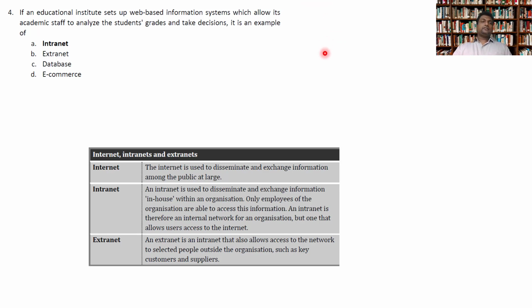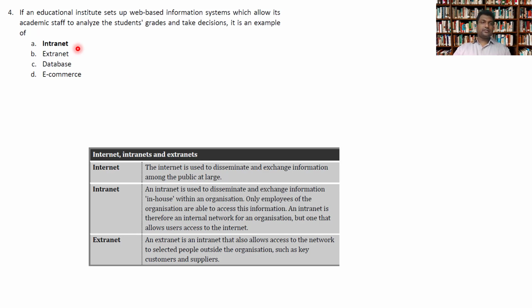If an educational institute set up a web-based information system which allows its academic staff to analyze the student's grade and take decision, it is an example of. So the answer here is intranet.